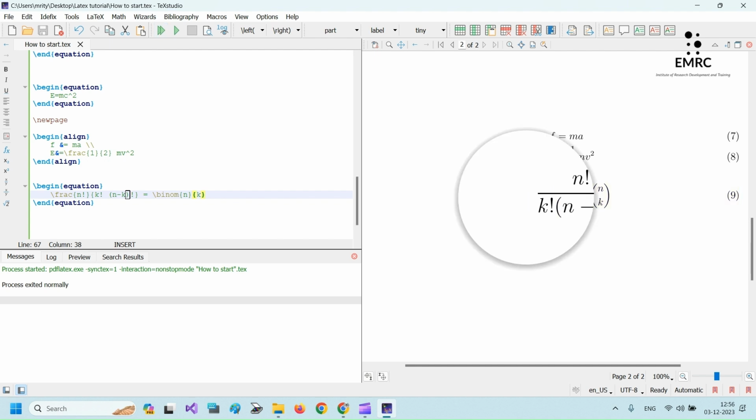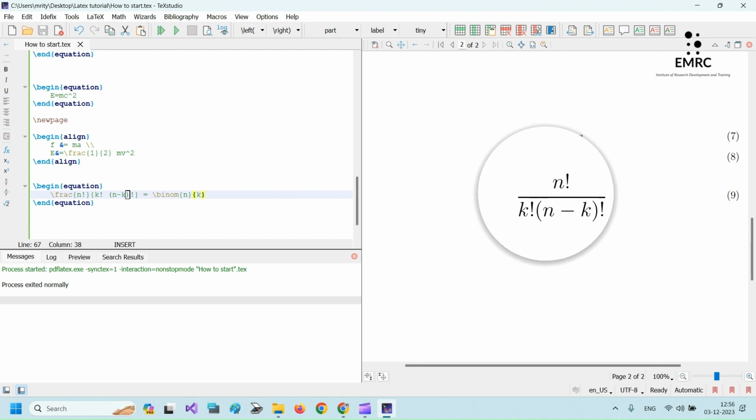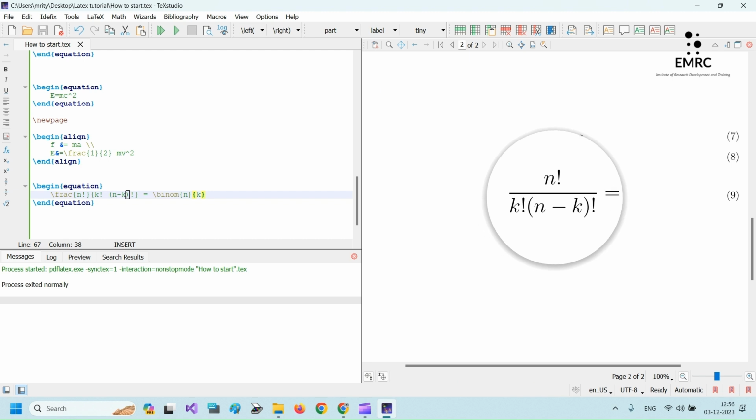You can see n factorial upon k factorial into n minus k factorial is equal to binomial of n k.